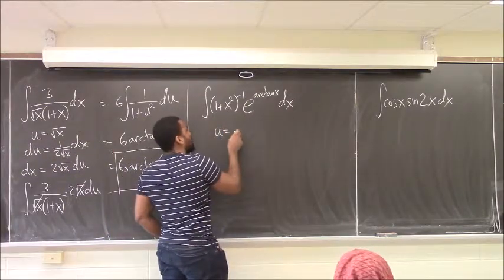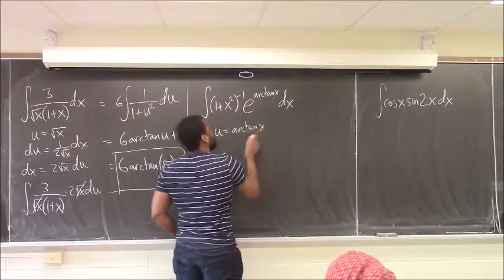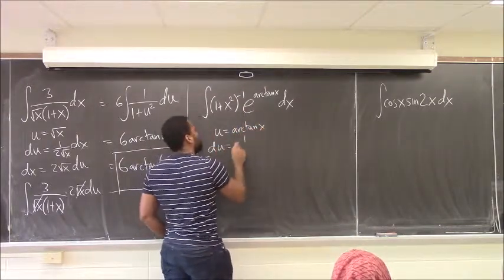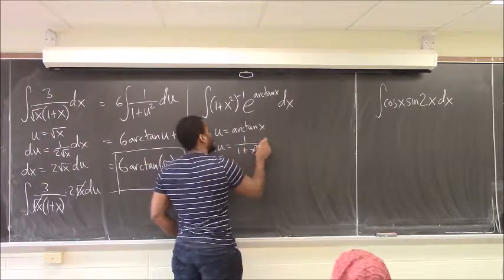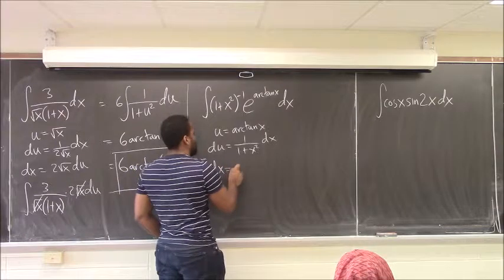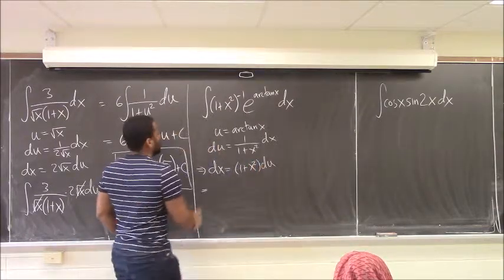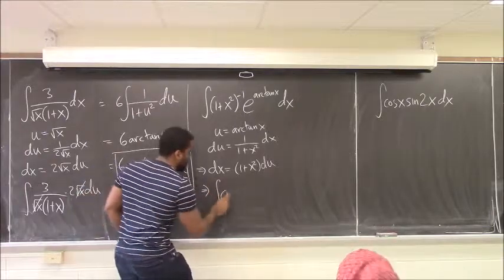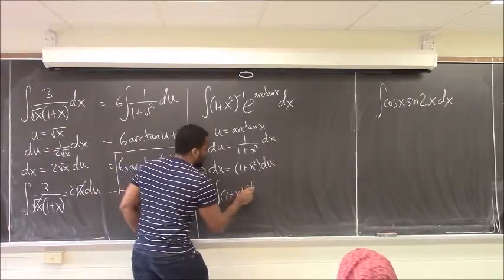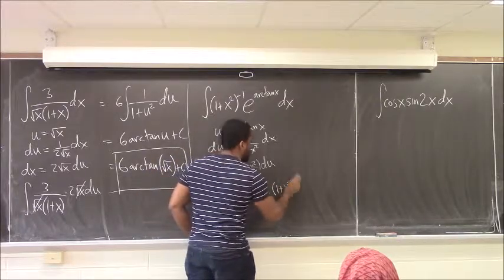Pretty complicated to have that in the power of an exponential. Let u equal tangent inverse x, our du would be 1 over 1 plus x squared. This means that our dx would be 1 plus x squared times du. Therefore go here, plug that in, 1 plus x squared to the minus 1 e to the u times 1 plus x squared du.